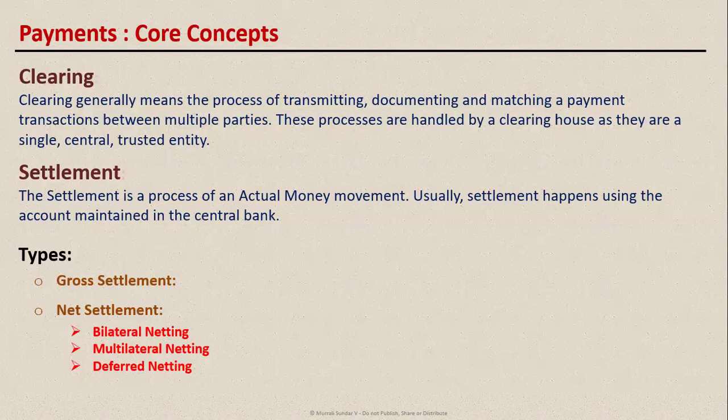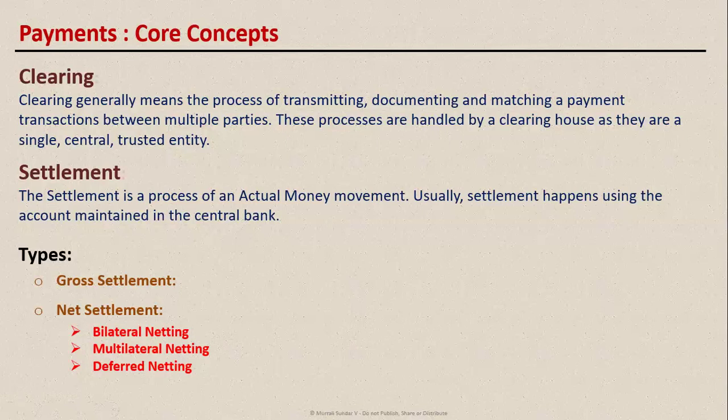So they can directly agree with each other that I will settle money with you. They can go with an agreement, and whatever the money movement happens between those banks, they will do the netting, and they will finally settle it in the central bank. So that is bilateral netting. It is basically an agreement between two different banks.